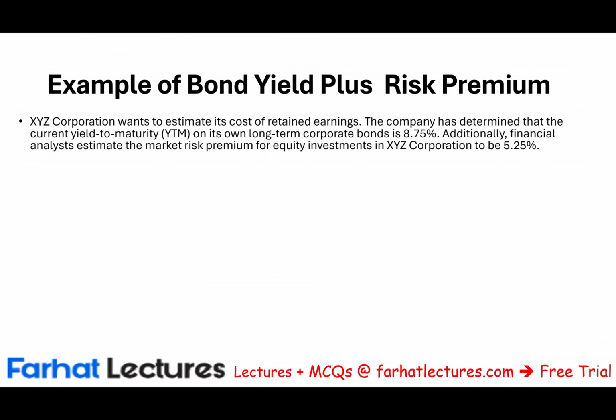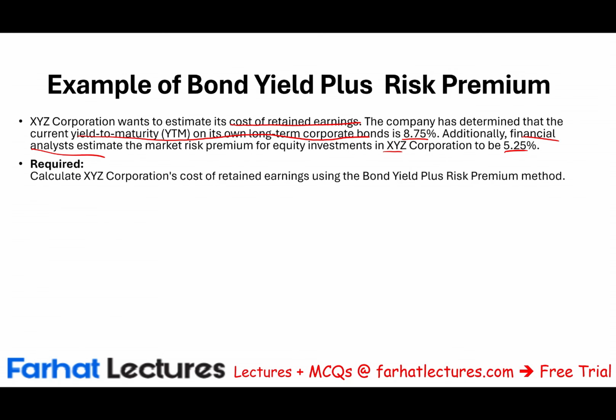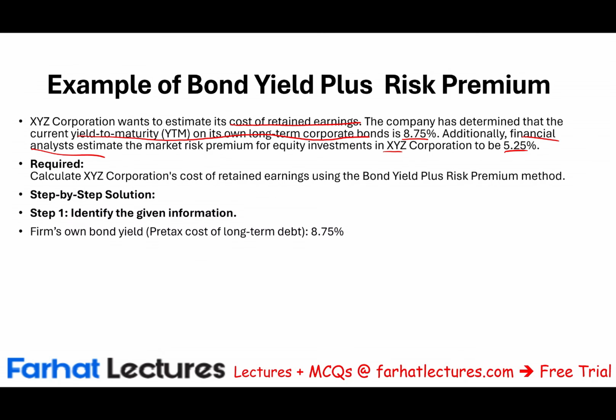XYZ Corporation wants to estimate its cost of retained earnings, or same thing as the cost of capital. The company has determined that the current yield to maturity on its long-term debt corporate bond is 8.75. Also, financial analysts estimate, notice it's an estimate, that the market risk premium for equity investment in XYZ is 5.25. Well, let's first do the computation. Let's compute the bond yield plus risk premium. You already know the bond yield, which is 8.75.